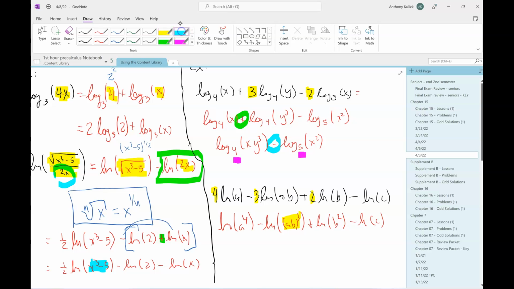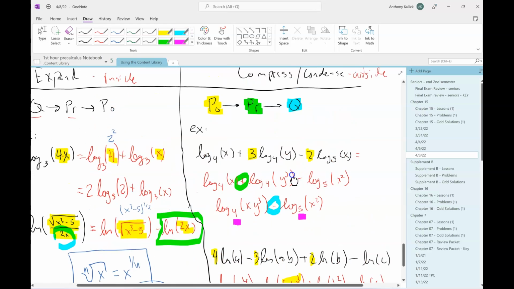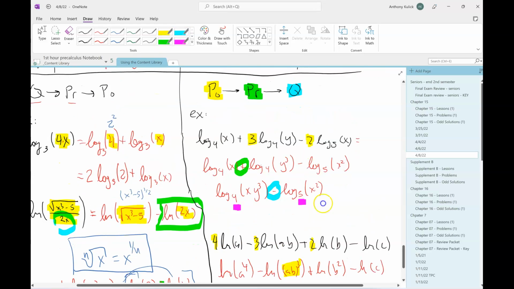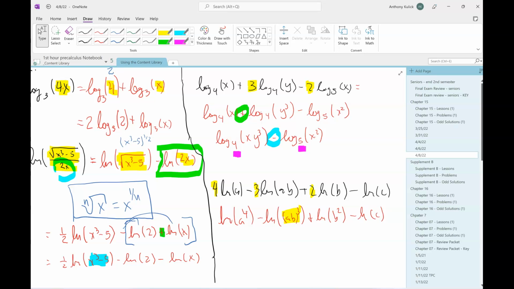All right. Next up is product property. Do we see any product properties? What are we looking for on the outside with a product property? Addition and the same bases. So yes, we have one product property going on here.